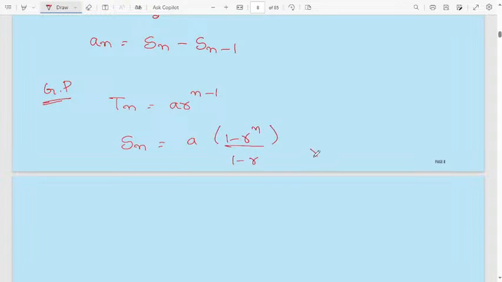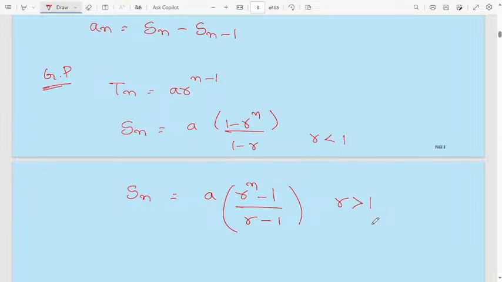This is valid when r is less than 1. Then Sn is a into r to the power of n minus 1 divided by r minus 1. This is valid only when r is greater than 1. Then geometric mean, what formula do we use? Square root of ab.